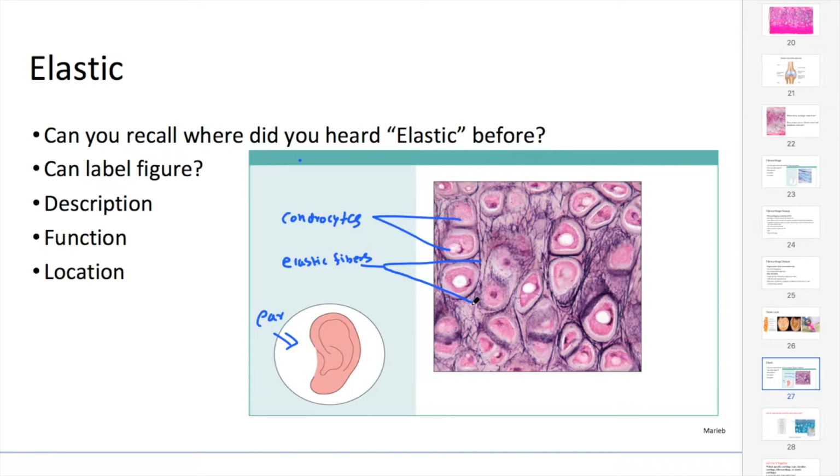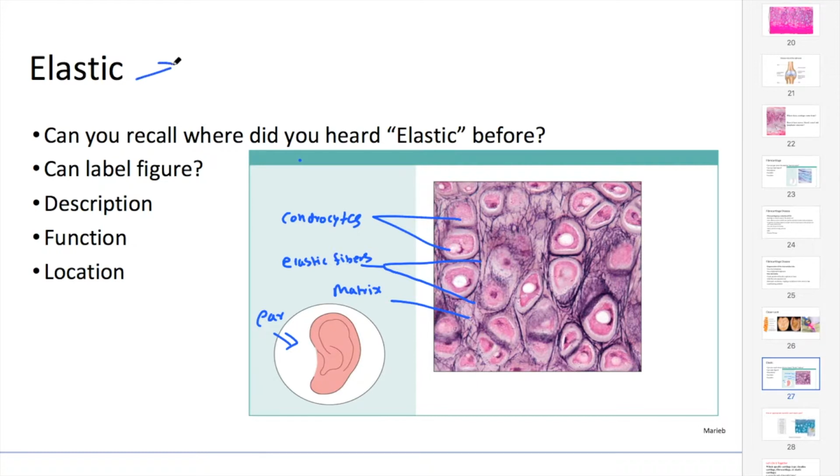And these elastic fibers are in where? In the matrix. So we can just say that is a matrix. Like other cartilages we talked about in previous lectures, this one has the same components, but it has more elastic fibers. That's what we call elastic cartilage.